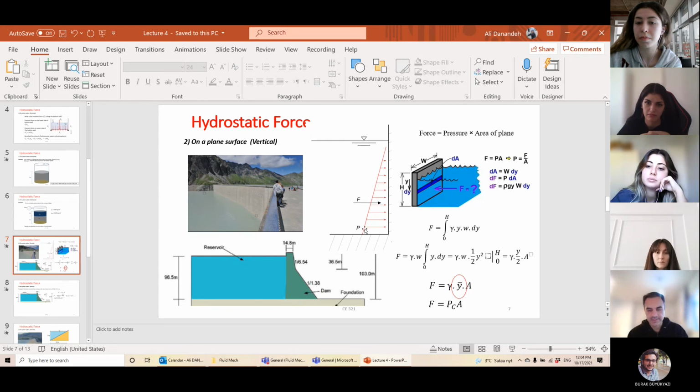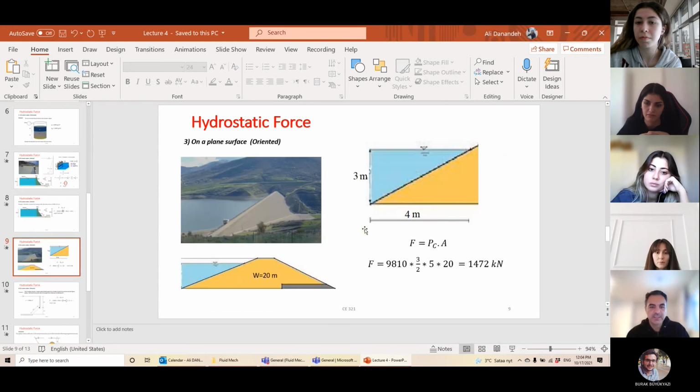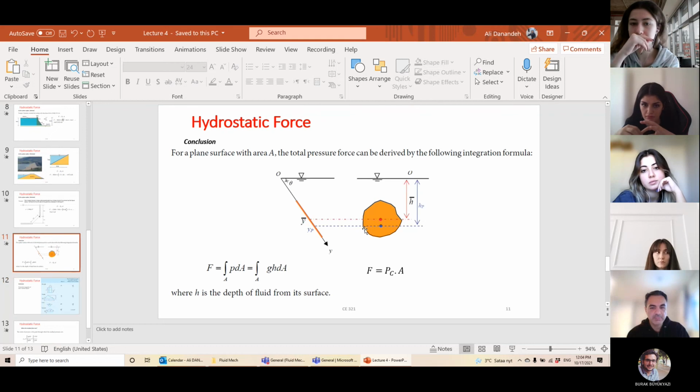The pressure center is always somewhere below the centroid, as you see in this figure. This is the pressure center. This is the centroid. You find pressure here, then multiply it by area to find the resultant force.